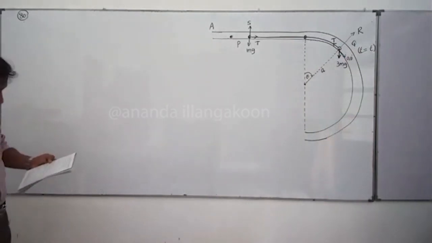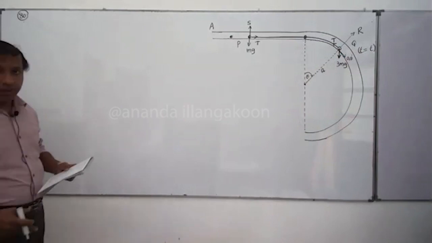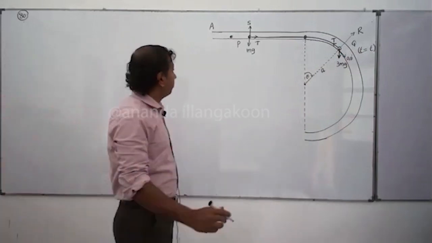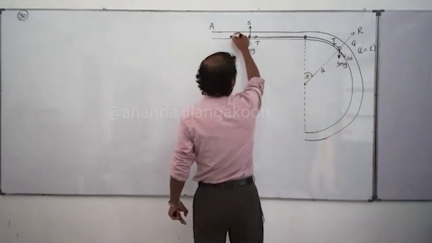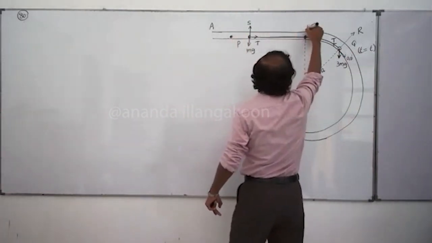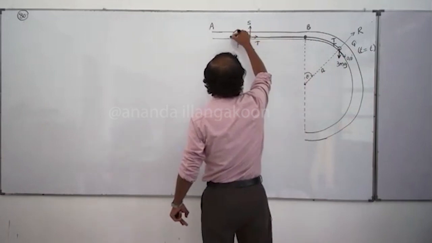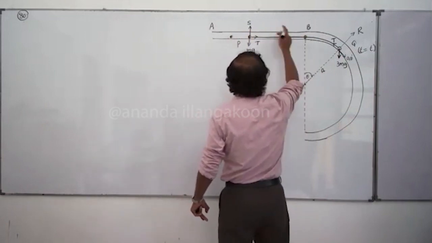Now, let's apply the principle of conservation of energy. Initially, both the particles P and Q lie in the straight part of the tube.